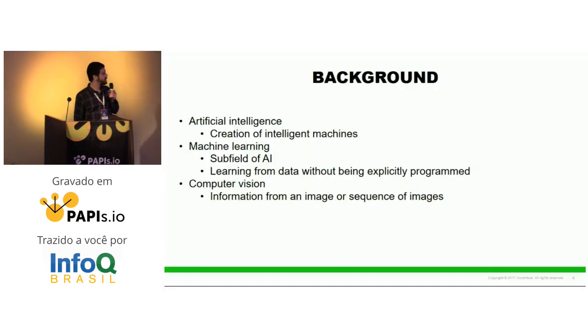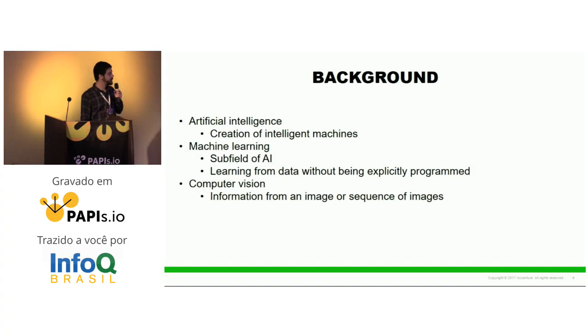It's a really brief background, as you may know these concepts. Artificial intelligence is a computer-science field which tries to create intelligent algorithms, intelligent machines. The machine learning field is a subfield of AI, and it tries to learn from the data without being explicitly programmed.